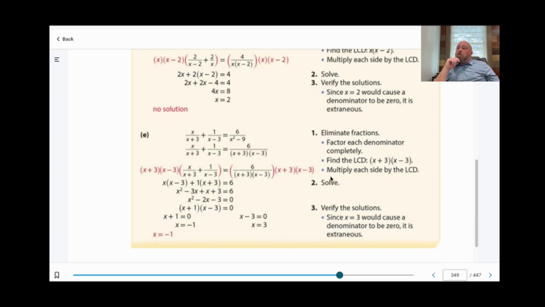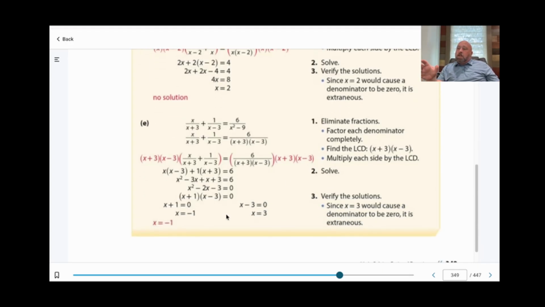Okay, in the last one that we did, when we had x equals -1 and x equals 3, when we plug 3 in here, notice that 3 minus 3 equals 0. 3 cannot be a solution, so the only one you would list is the -1. You would not list the 3, because 3 is extraneous.